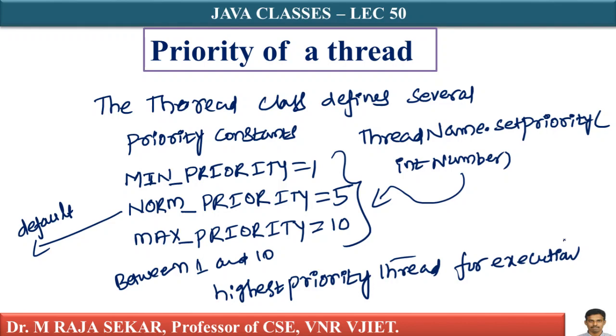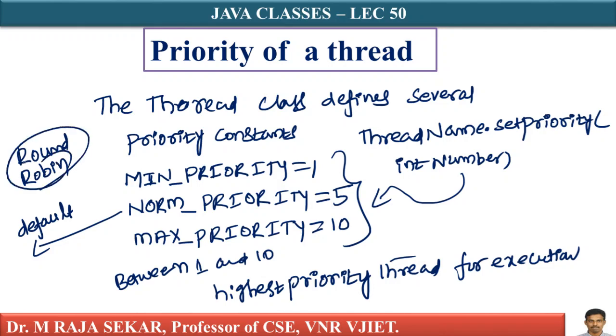That's what it says. The job of the thread scheduler is to keep the highest priority thread running all the time. And for threads of the same priority, time slices are allocated in round robin fashion.